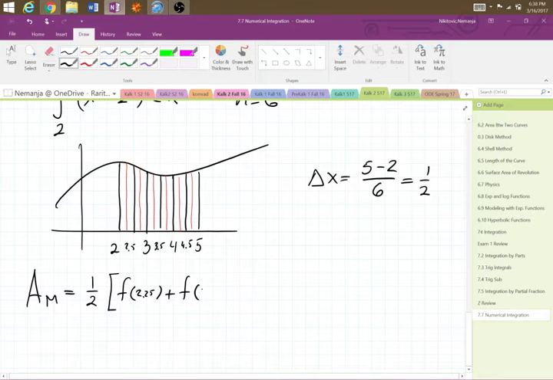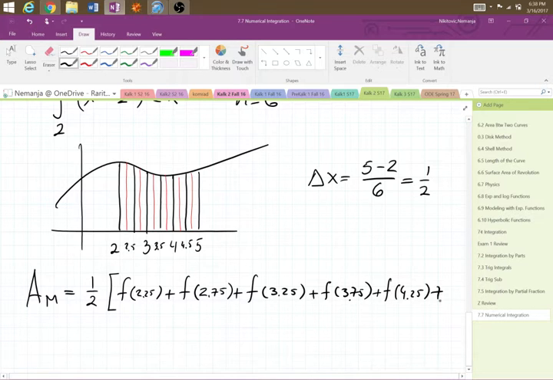So plus half, that's 2.75, plus half, 3.25, plus half, 3.75, plus half, 4.25, and plus half, 4.75.